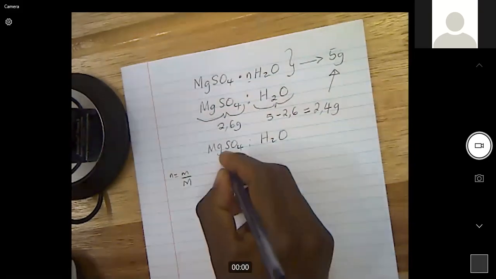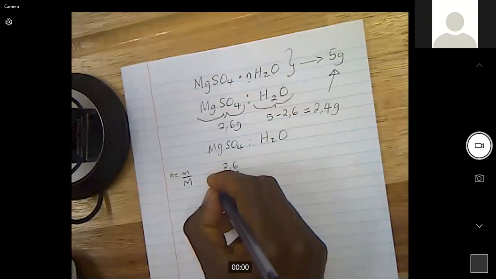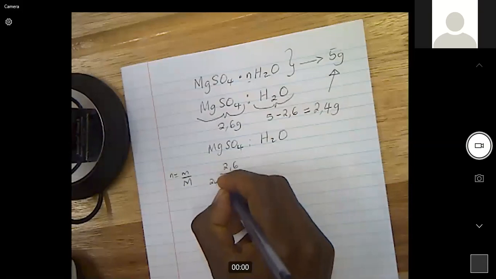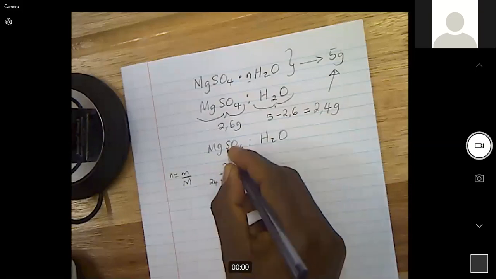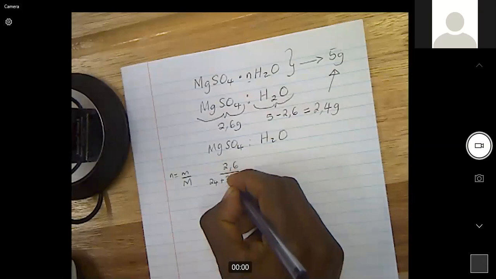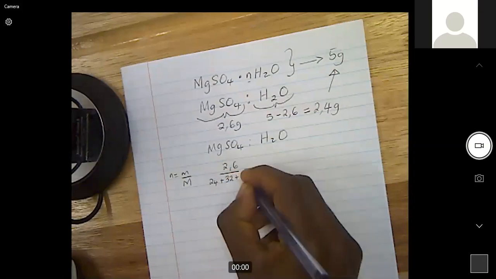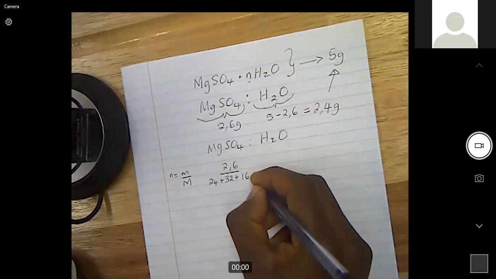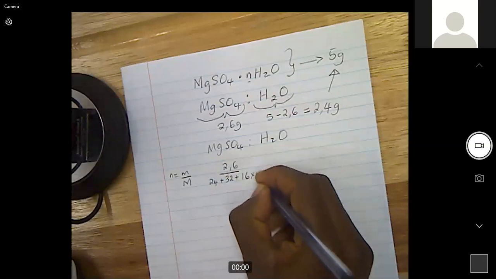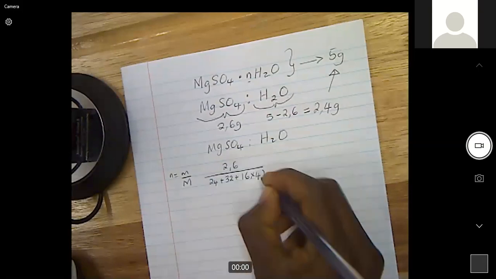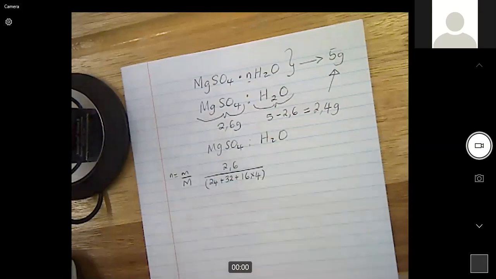Magnesium is 24, plus sulfur, which is 32, plus oxygen, which is 16. But how many are there? 4. So I times by 4. I'm going to put it in brackets. Is that understood? You're going to get a single number. What is the single number that you get?